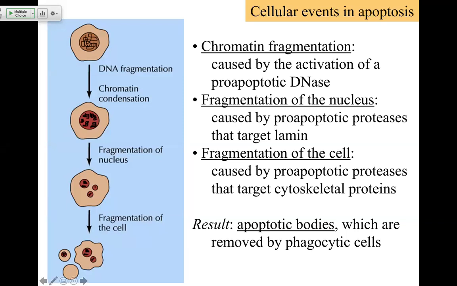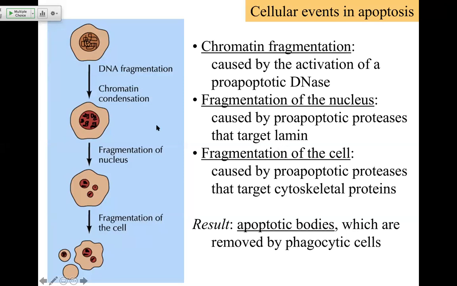We'll also see the nucleus breaking down. And again, that's not the normal mitotic, regulated, temporary breakdown of the nuclear envelope. It is destruction of the nuclear envelope by the activation of pro-apoptotic proteases that target the nuclear lamin.